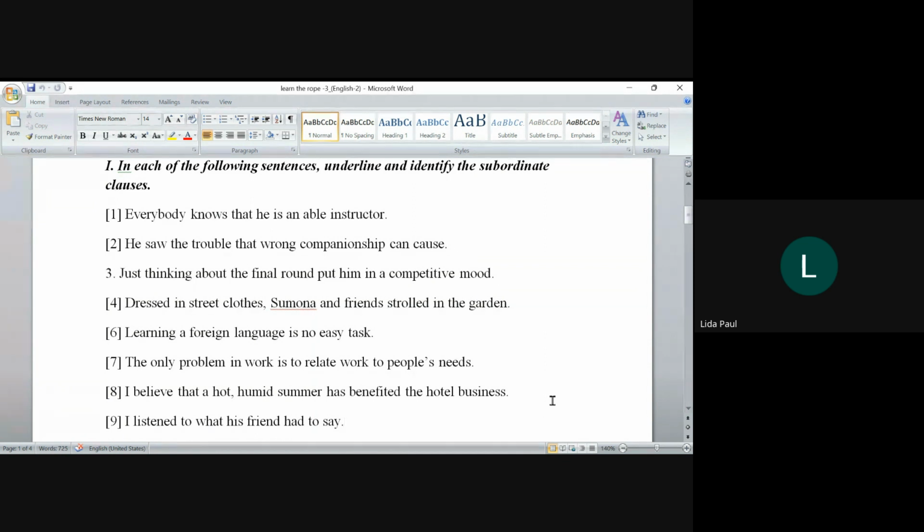The town looked deserted, right? This part. Of course, the whole of the sentence is one independent clause. And within that, if you do the division, then "the town looked deserted" is your independent clause. Yes or no? Yes, ma'am. Yes.